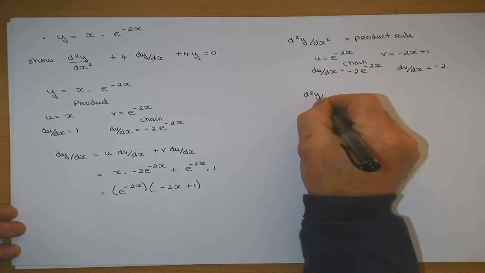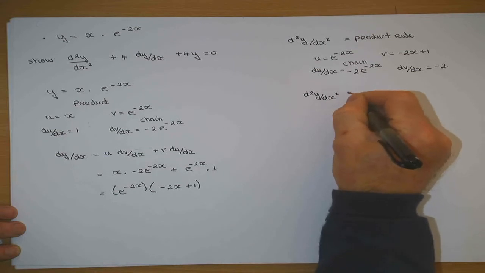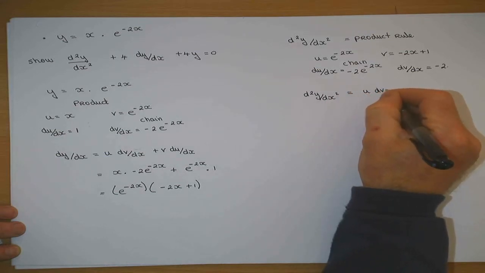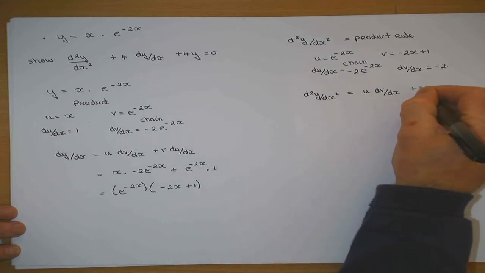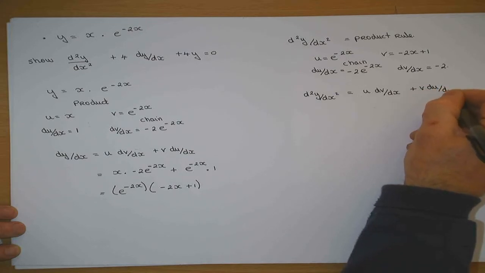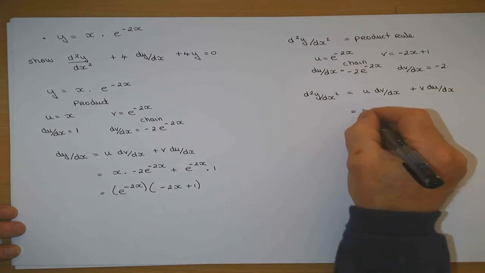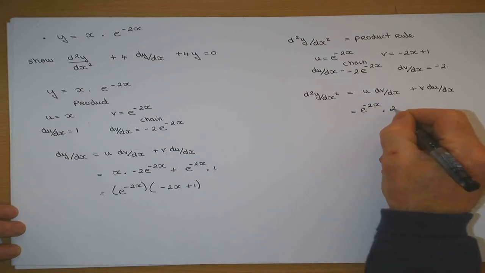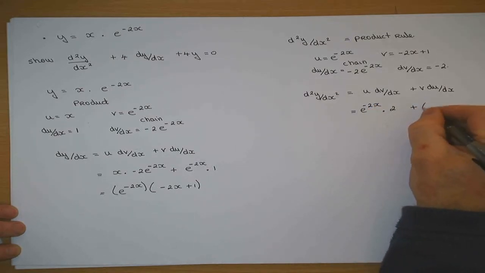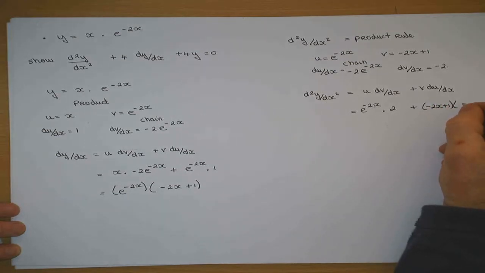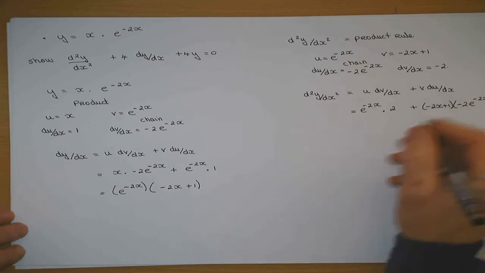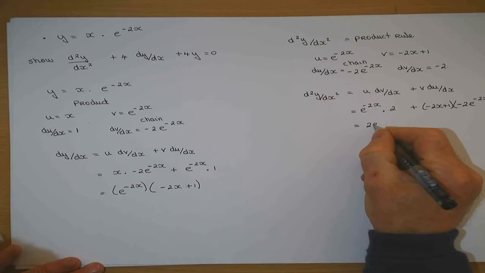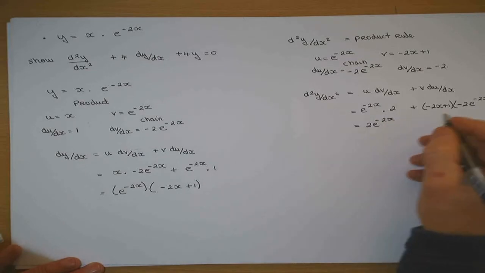And then d2y/dx squared is equal to u dv/dx plus v du/dx, which is equal to e to the minus 2x times dv/dx, 2, plus minus 2x plus 1 times du/dx, minus twice e to the minus 2x, which is equal to twice e to the minus 2x.